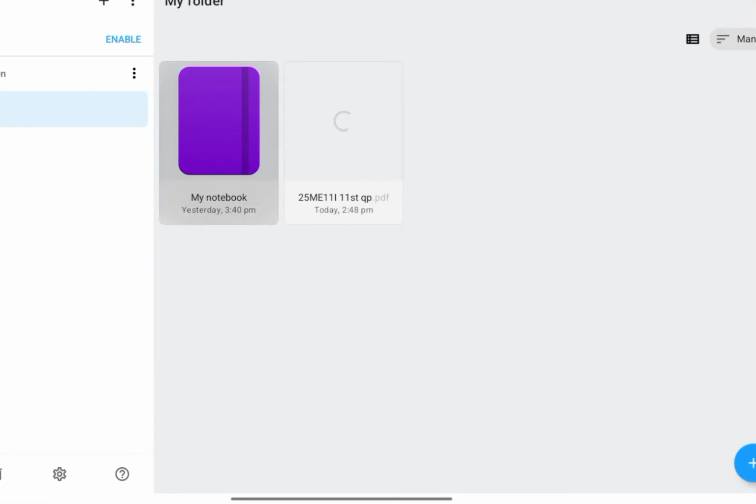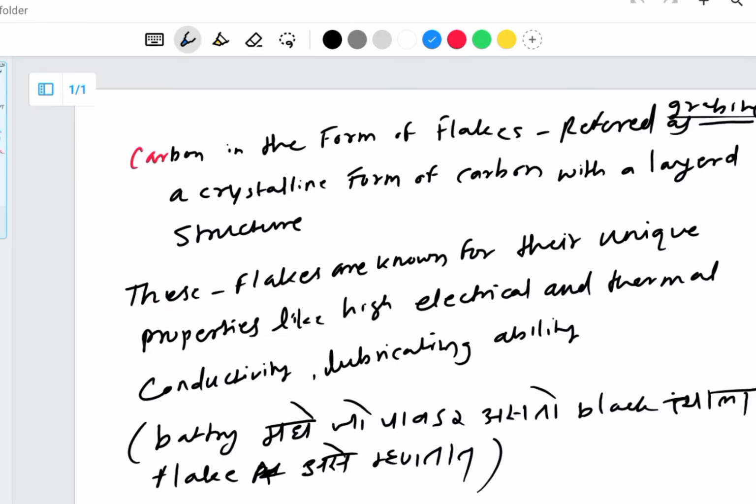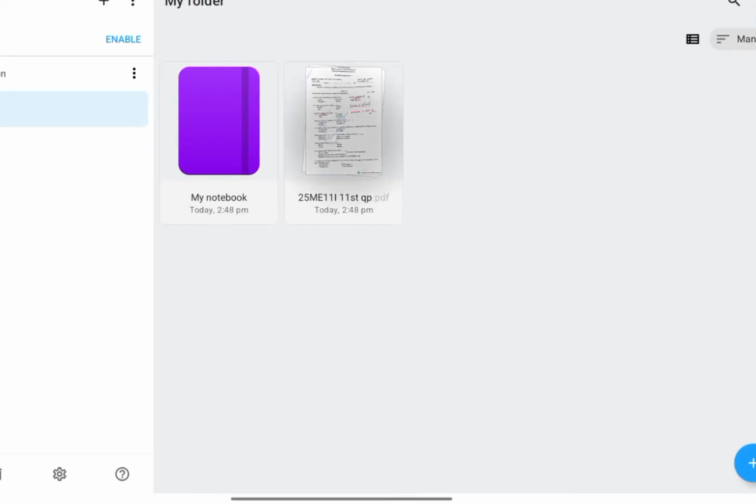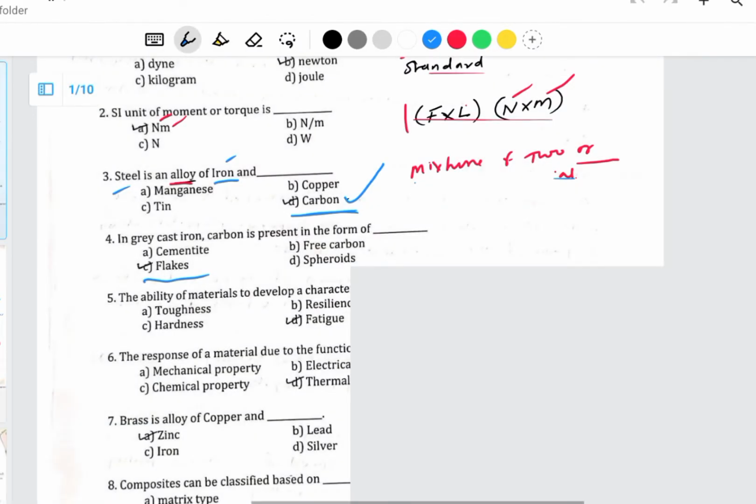I have written it here. So flex is nothing but carbon in the form of flex, or else it is referred to as graphite. It is in the crystalline form, like a powder only.